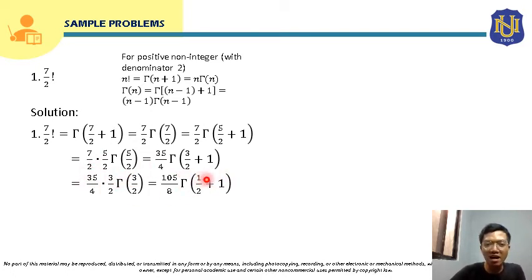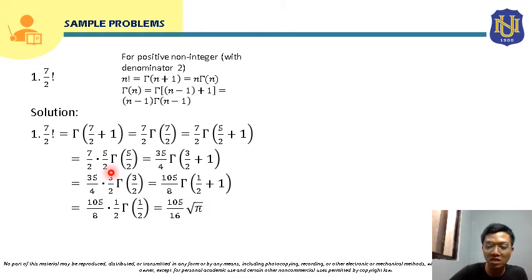Again, from here, we are going to apply this. The n minus 1 here is 1 half, so we will factor out 1 half, and what will remain inside the gamma function is n minus 1, which is 1 half. So we can rewrite it here like this. This will become 105 over 8. Now we simplified this, 35 over 4 times 3 halves, and then we factor out 1 half, and then gamma of 1 half.